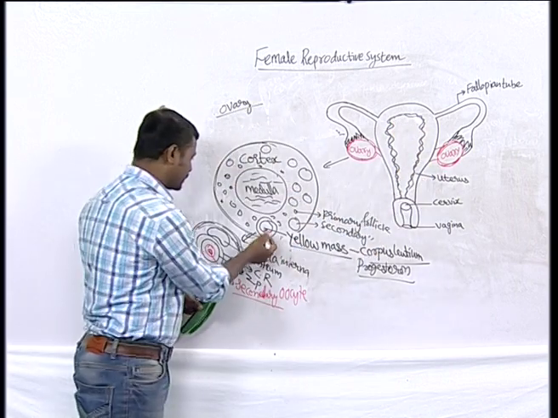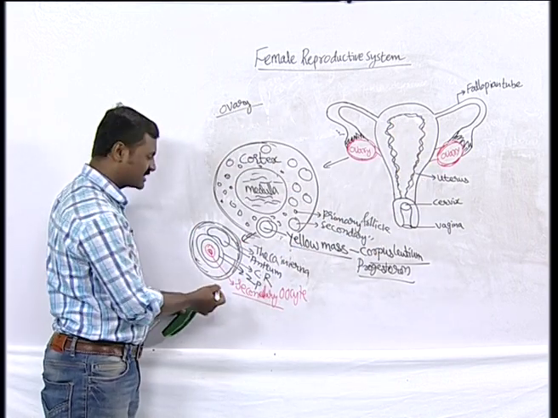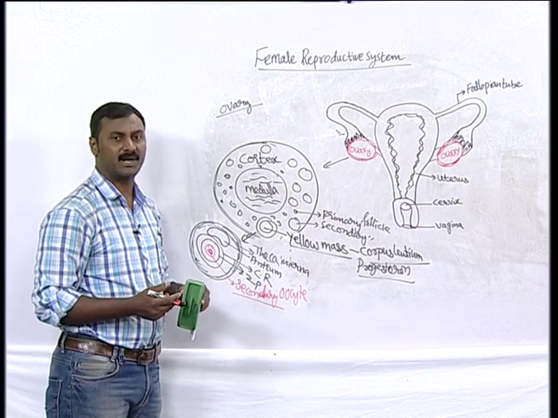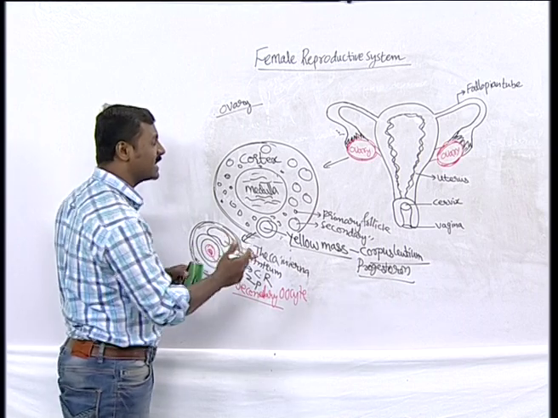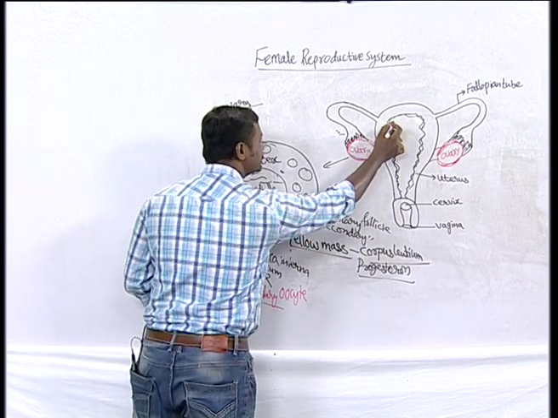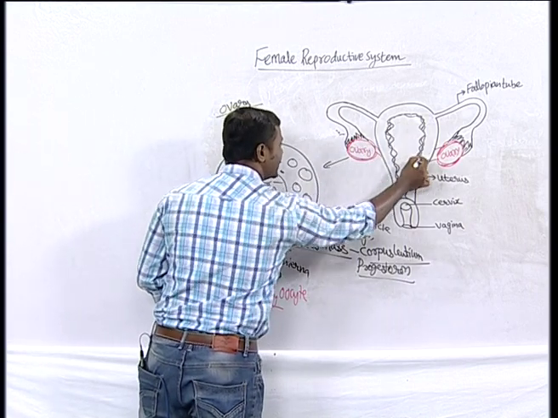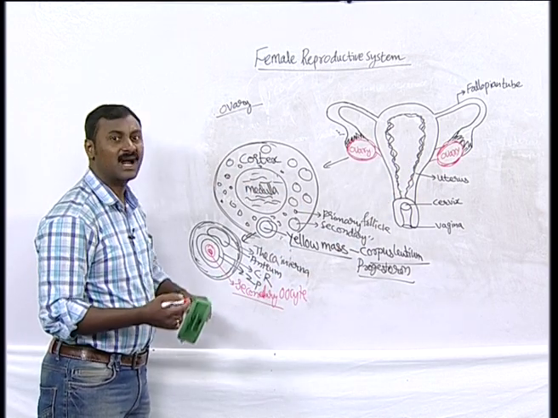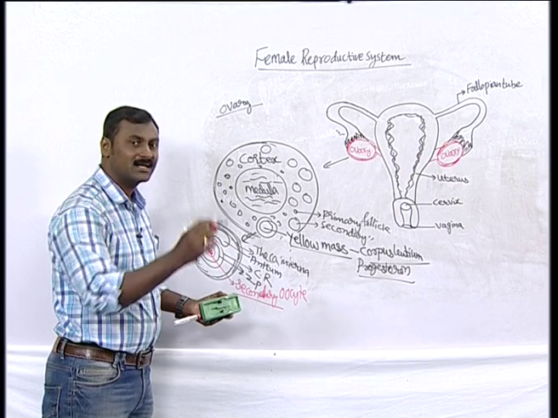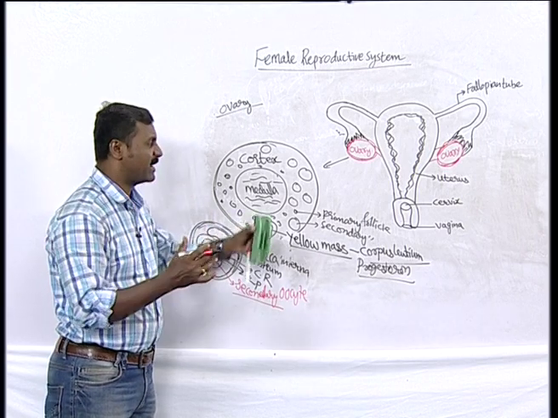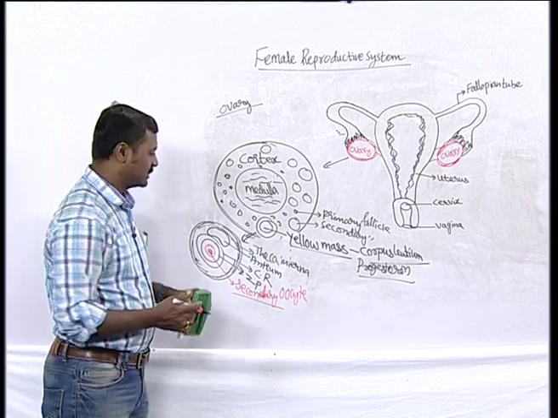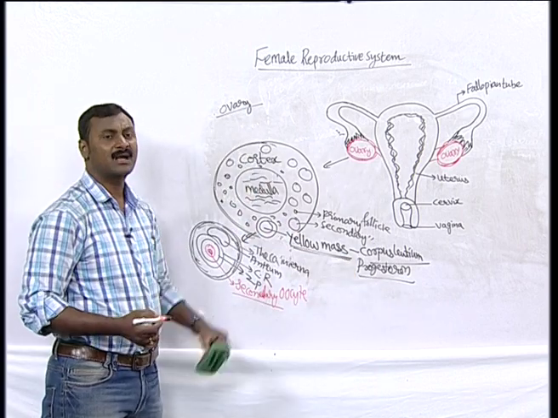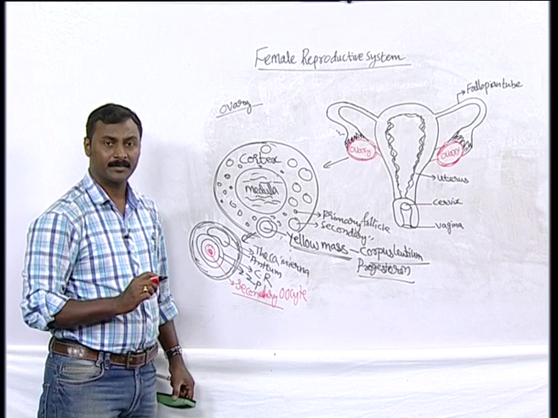Because the secondary oocyte that is released, if it is fertilized with sperm, there must be a space and implantation is needed for the fertilized ovum, which is called the zygote. So the endometrium wall is prepared. For that purpose progesterone hormone is secreted by the corpus luteum.